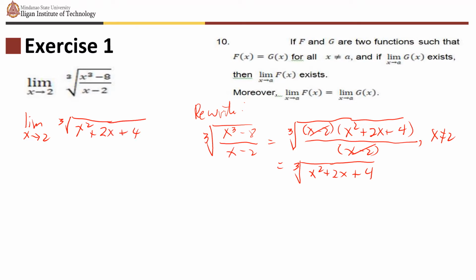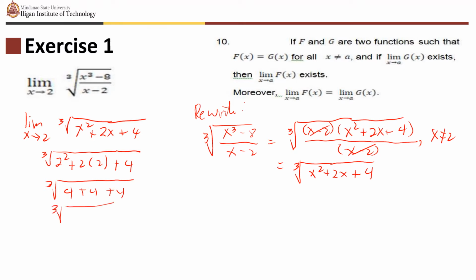The limit of this as x approaches 2 is the cube root of, you replace x there by 2, so you have 2 squared plus 2 times 2 plus 4, which is equal to the cube root of 4 plus 4 plus 4. So the answer is the cube root of 12.